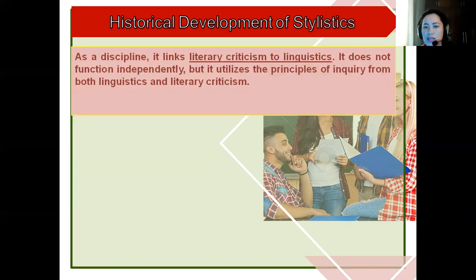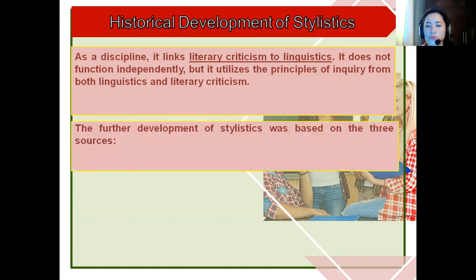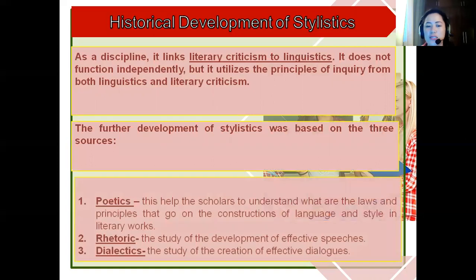It does not exist instantly like stylistics is the study of style. No, its existence owes to three sources. First is the poetics, second is the rhetoric, and third is the dialectics. What are the differences between the three of these?